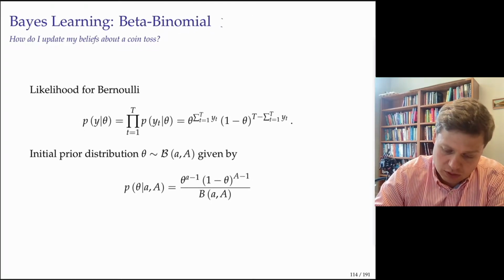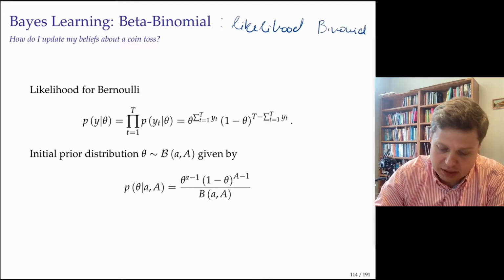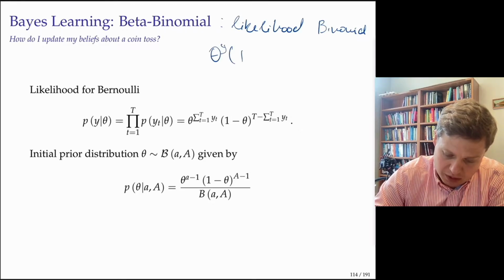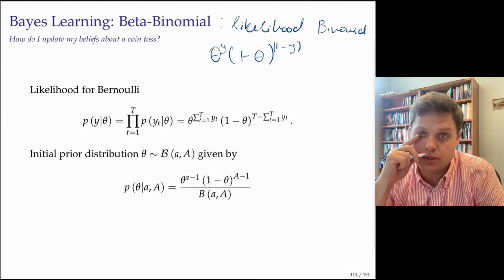So you know that your likelihood is binomial, which means the likelihood function for each of the samples is going to be theta raised to the power y times 1 minus theta raised to the power 1 minus y. Okay, so that's your likelihood in this case for the binomial distribution.